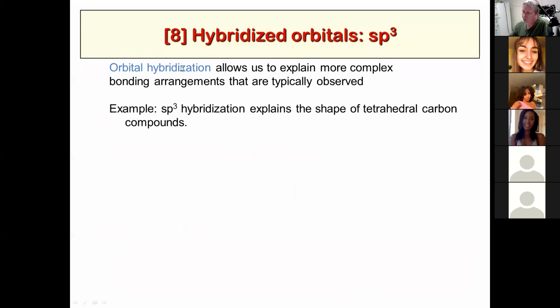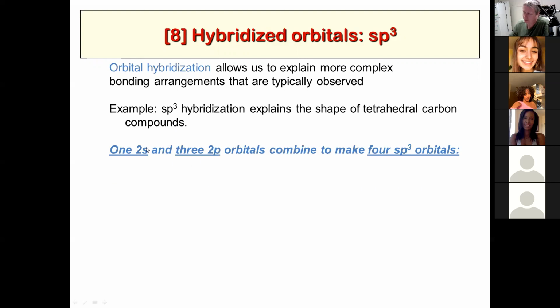Okay. Orbital hybridization allows us to explain more complex bonding arrangements that are typically observed in organic chemistry, right? sp3 is going to be the shape of a tetrahedral carbon, and you should know a little bit about hybridized orbitals and sp3. So a simple example is methane.